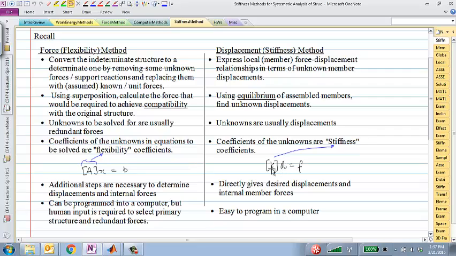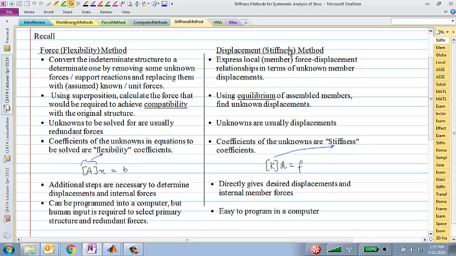We do have to do a little bit of extra work to find internal forces in the truss or in the structural members, but that's not as bad as doing a virtual work method here. Another good thing about this displacement and stiffness method is that it doesn't care whether your structure is determinate or indeterminate. It's exactly the same method.